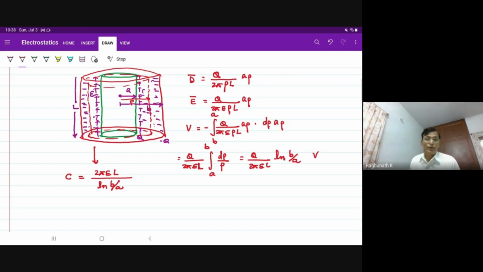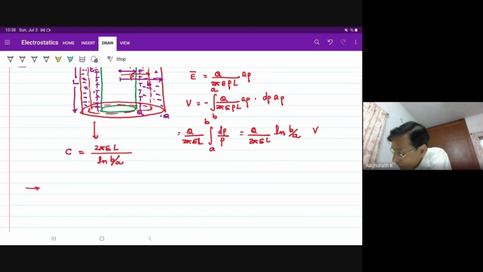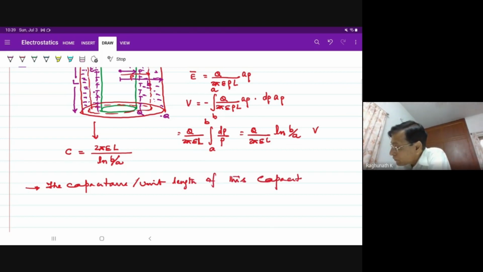In the case of coaxial cables, the basic parameters are defined as per unit length quantities. This says the capacitance per unit length of this capacitor, for length L, is directly proportional to L. It is 2 pi epsilon by ln of B by A. Keep observing these things.